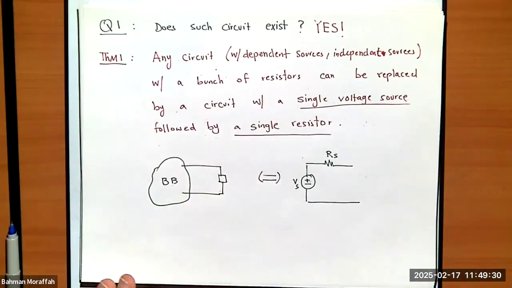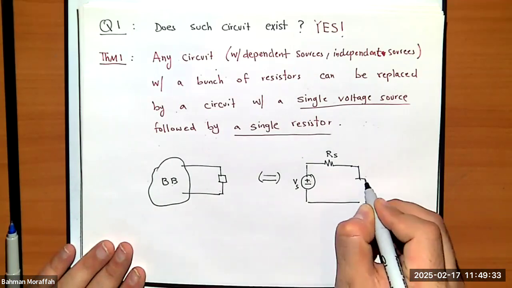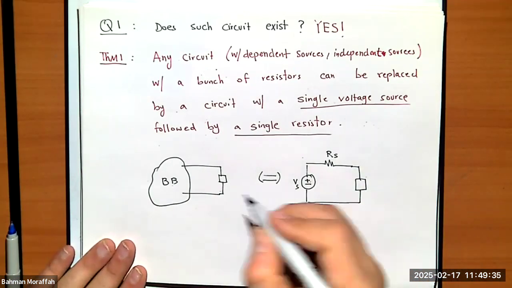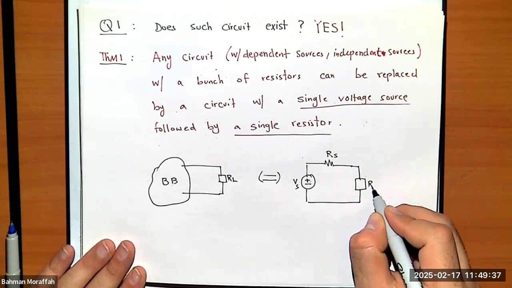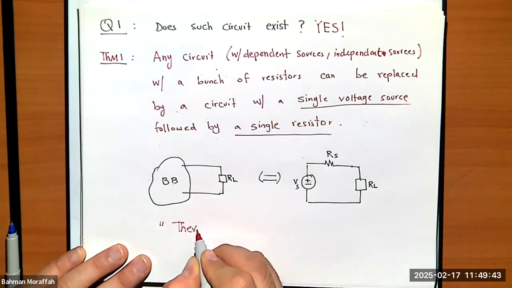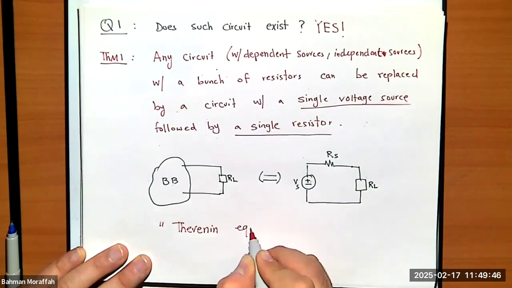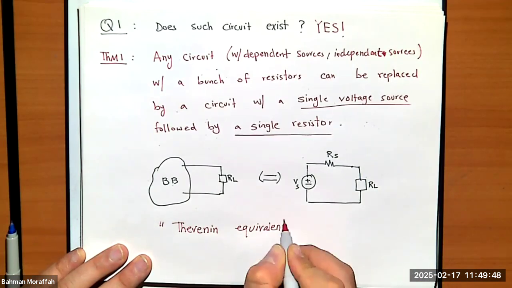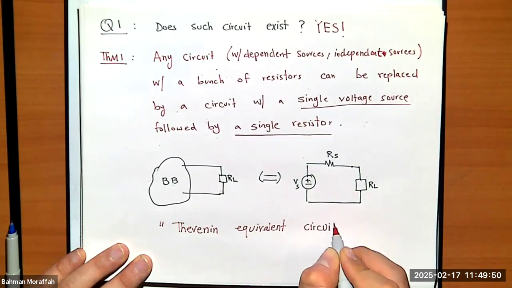And if they're exactly the same, I can basically put this element back in here. Let's just call it RL. This is called Thevenin equivalent circuit.